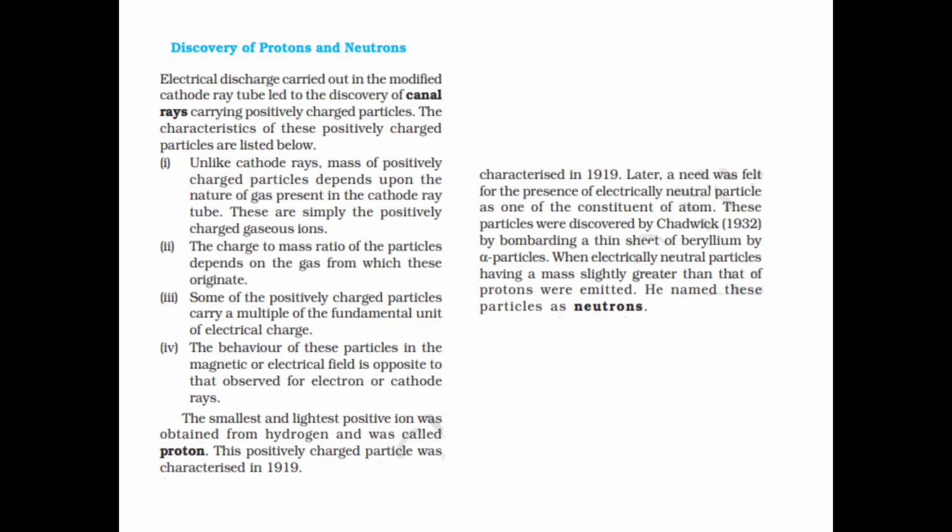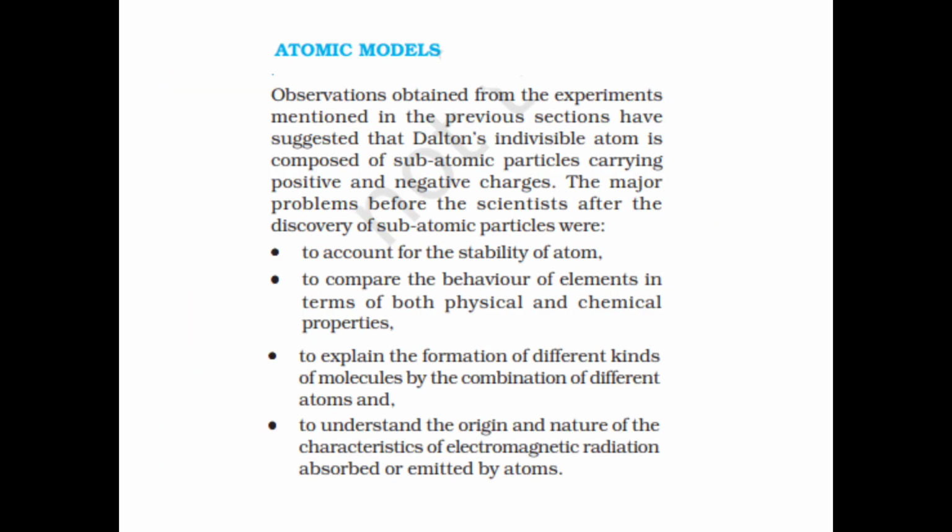Later, a need was felt for an electrically neutral particle as one of the constituents of the atom. This particle was discovered by Chadwick in 1932 by bombarding a thin sheet of beryllium with alpha particles. Electrically neutral particles having a mass slightly greater than that of the proton were emitted, and these particles were named neutrons.